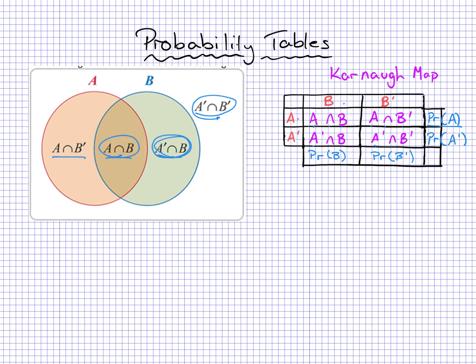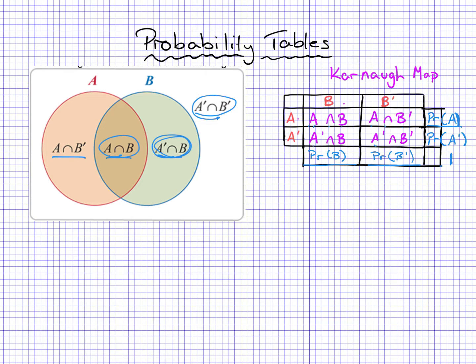Now the last bit is this bottom right corner in the Karnaugh map. If I add together the probability of getting A or not A, I would get everything all at once, which is a chance of 1. Something must always happen. And the same across the bottom. If I add together the chance of B and not B, that's everything, so I still get the same chance.